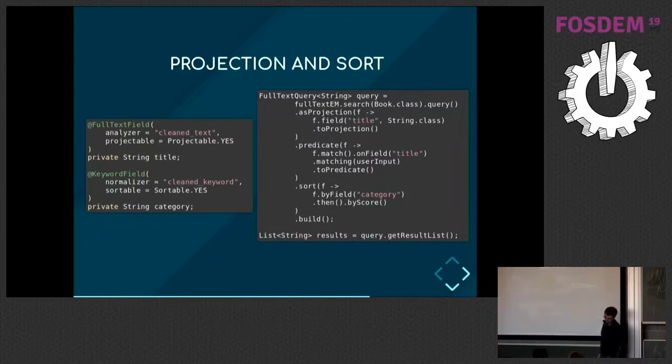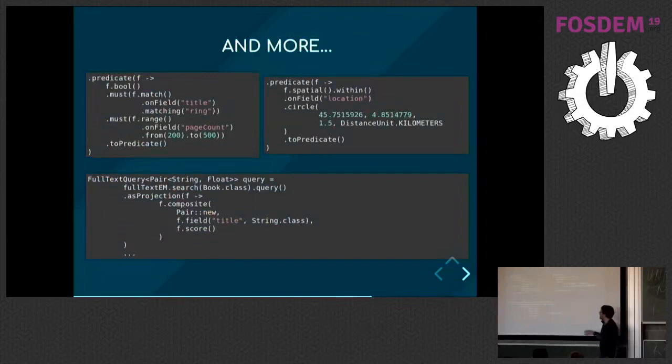There are many other features. You have, of course, all sorts of predicates. You can have Boolean junctions that allow you to combine the predicates. You can do spatial predicates. You can do more complex projections where you will project on multiple fields and combine them in a single bean that you will retrieve from your query.